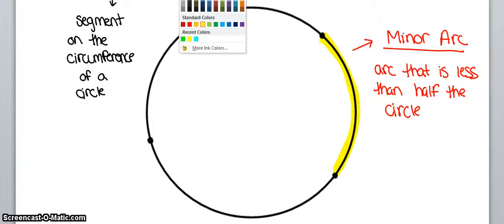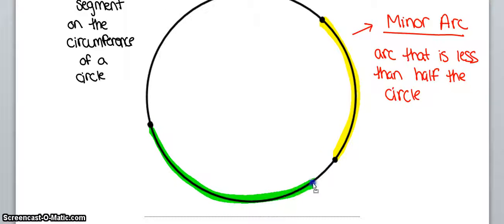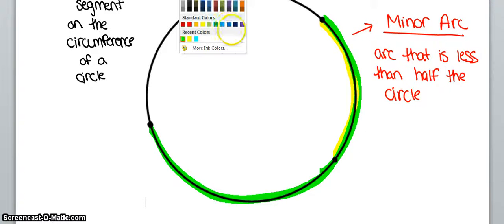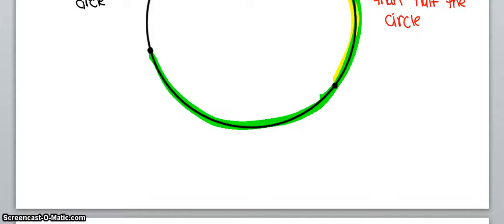Where the arc that's longer than half the circle, you might be able to guess what's the opposite of minor. Maybe not. I don't know. It's major. Okay, so the major arc would be something like this green line that's more than half the circle. So minor arc is less than half the circle. And major arc, let's get a different color.